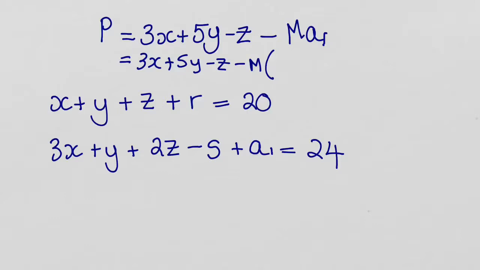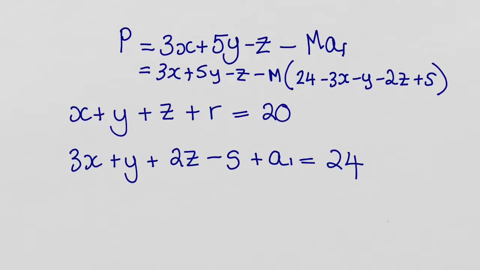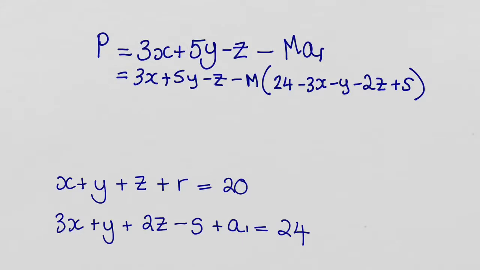So I am going to rewrite that second constraint. So 24, and then it's going to be take 3x, take y, take 2z plus s. So I've now got a lovely new constraint here. And what I'm going to do, I'm just going to pause it whilst I move some of this stuff out the way. I have a bit more space now.